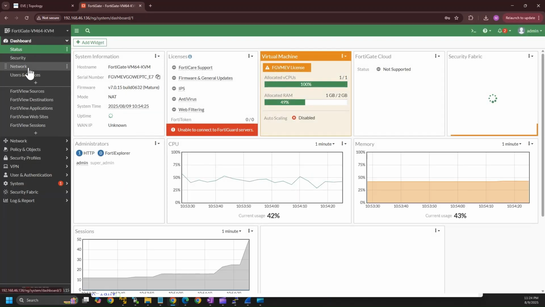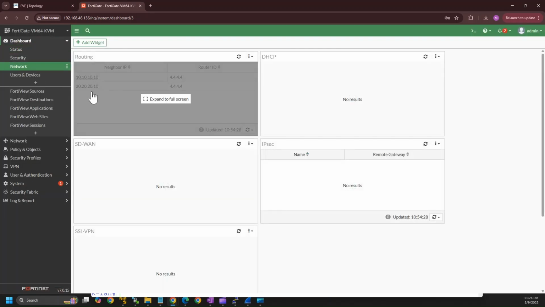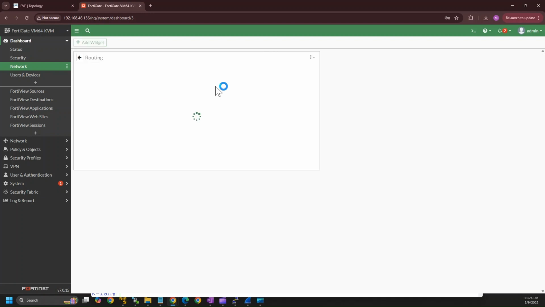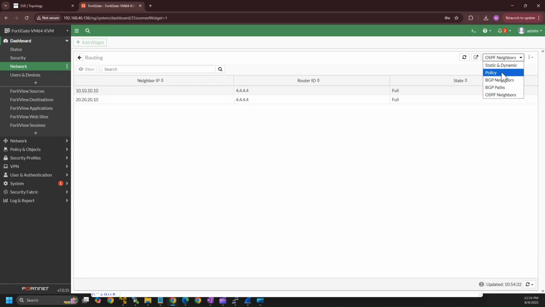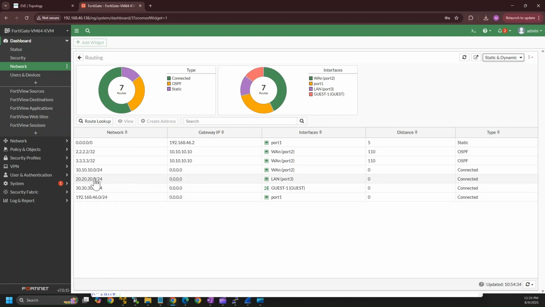When we check the network there, we see both neighbors were up. And if we check the routing, we can see both routes here. So the FortiGate was receiving the route.